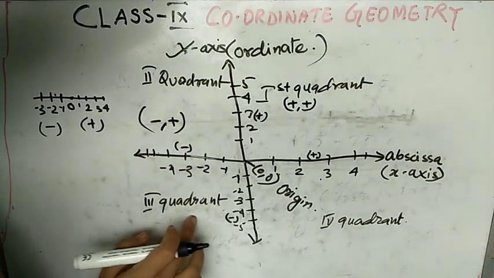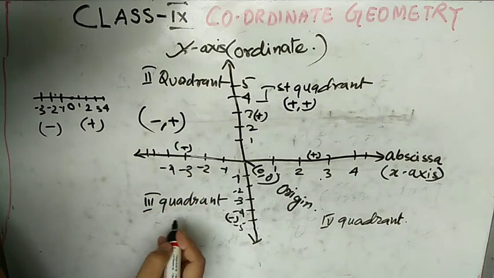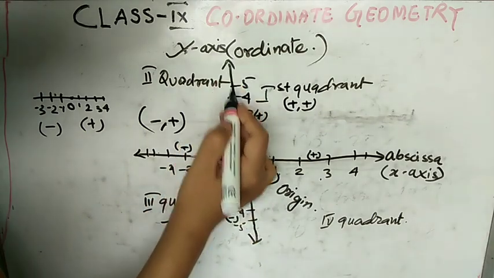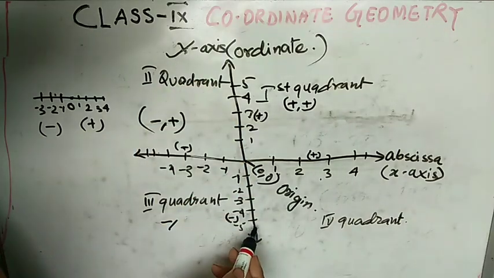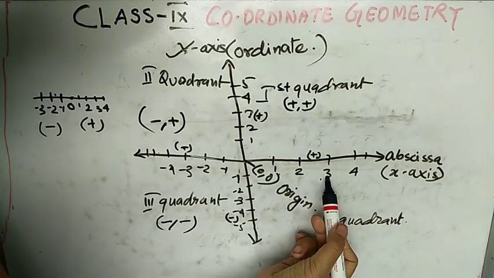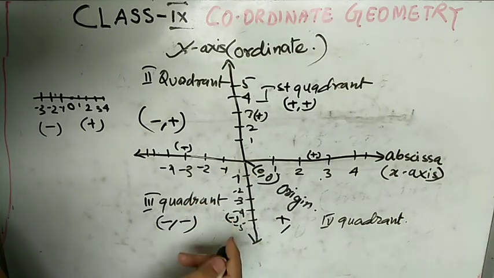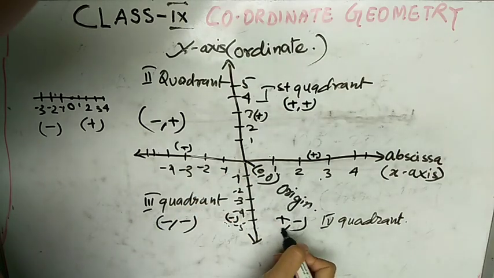In the third quadrant, the x-axis is negative and the y-axis is negative as well. Therefore, the third quadrant will represent negative, negative coordinates. In the fourth quadrant, the x-axis is positive and the y-axis represents negative numbers. Therefore, the coordinates are positive, negative.